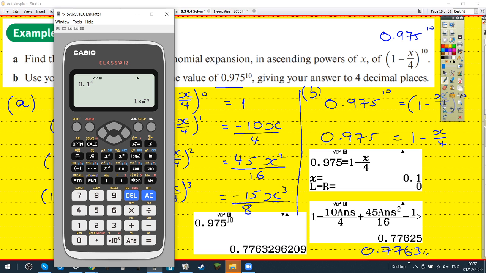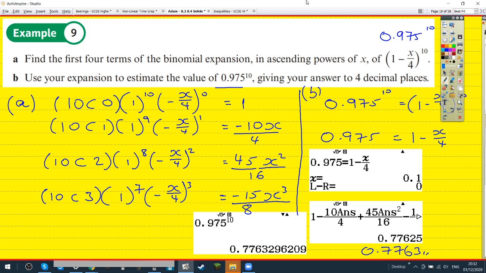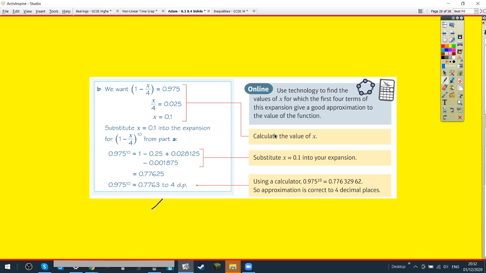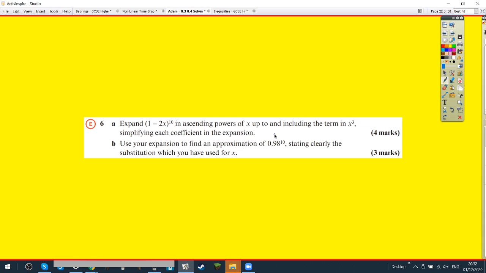And so that's why we don't bother. If we only wanted 4 decimal places, this is so small that it won't make much of a difference. It's just an estimation anyway, and it's not worth the effort. So we can use our expansion by making them equal to each other, and then sub it in, and we can use that to estimate it.